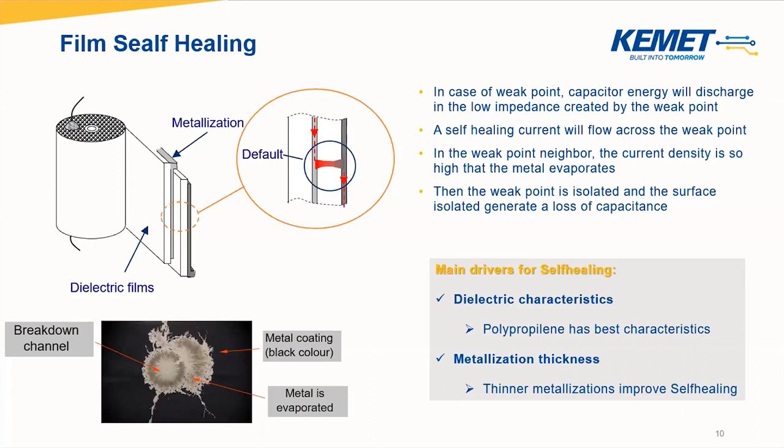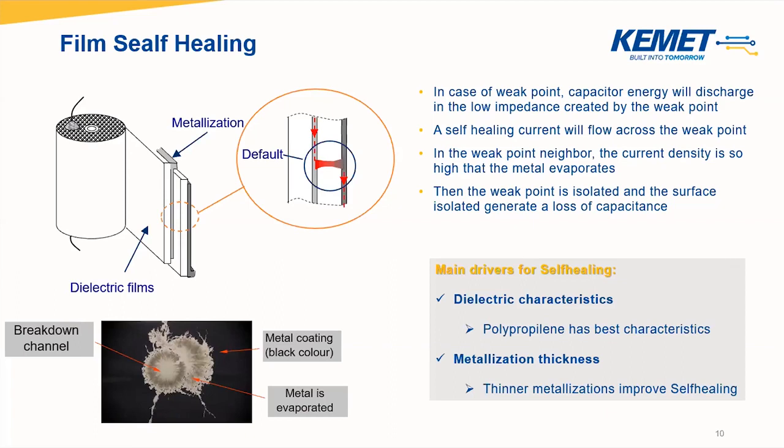Of course, the characteristics of the self-healing are given by many factors. One of the factors is the dielectric itself. For instance, for polypropylene, some dielectrics, due to their chemical composition, have better properties to have a good self-healing. But this is not the only characteristic that determines a good or bad self-healing.